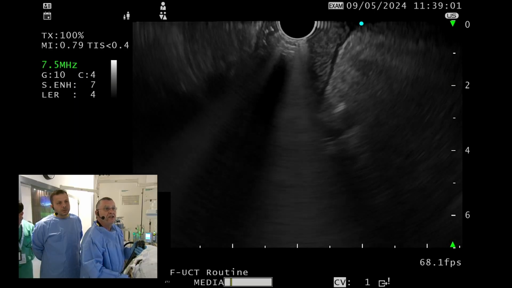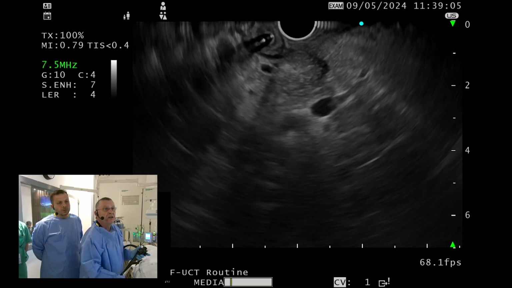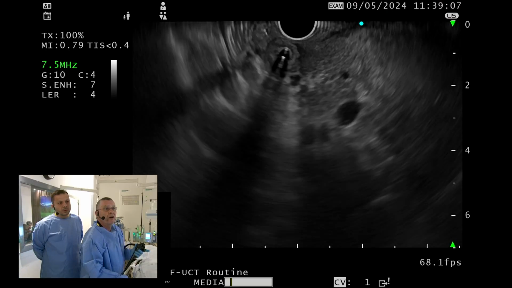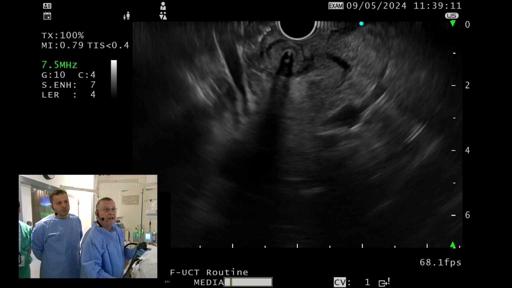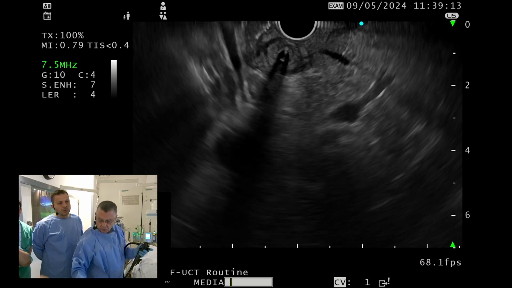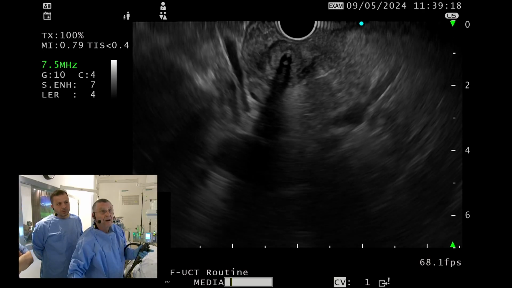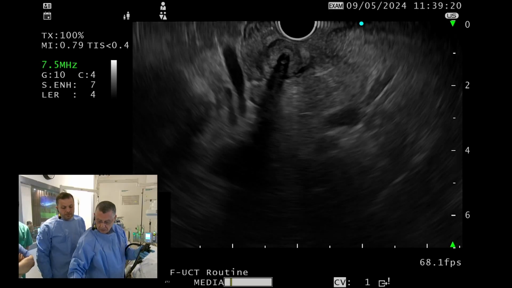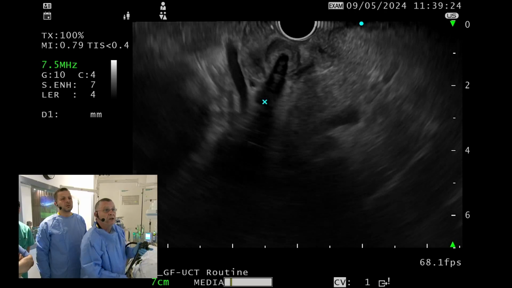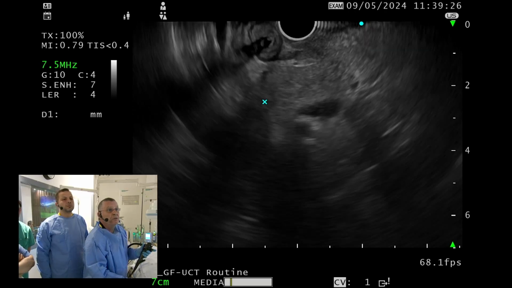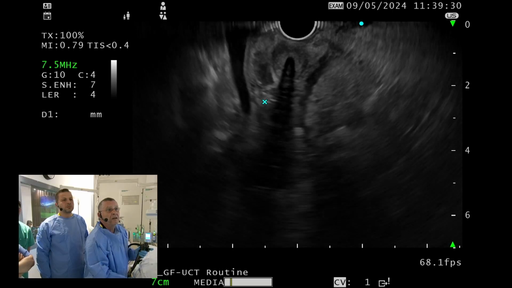So first, we have seen that there are some malignant nodes, but I will show you other malignant nodes. You see here in front of the aorta and the vena cava. Here. Look, this node has nothing to do with it.